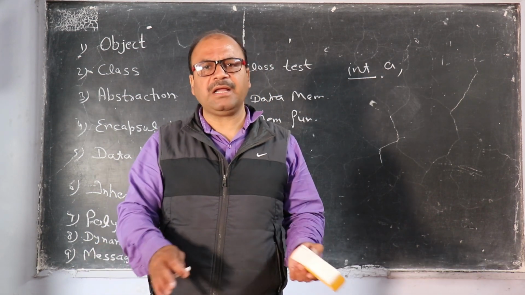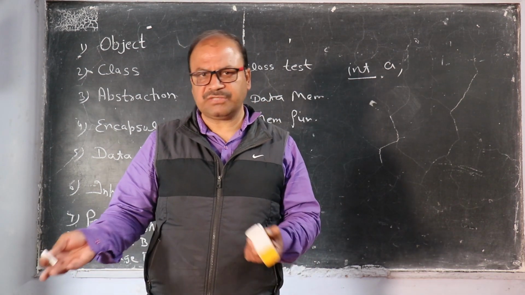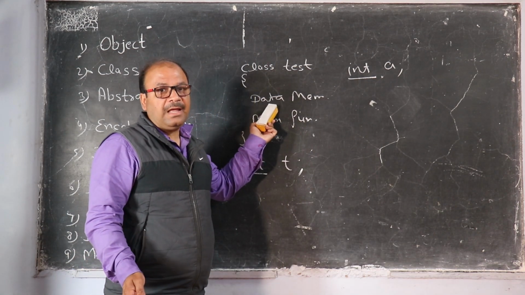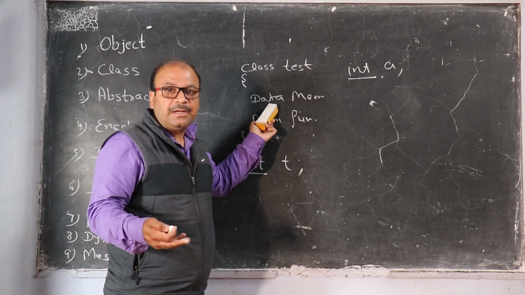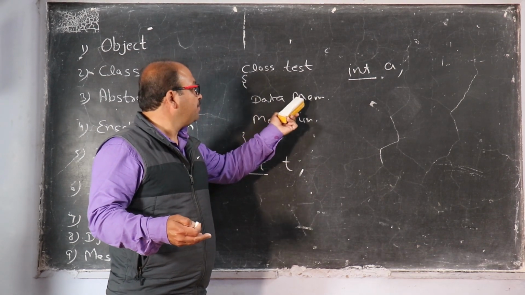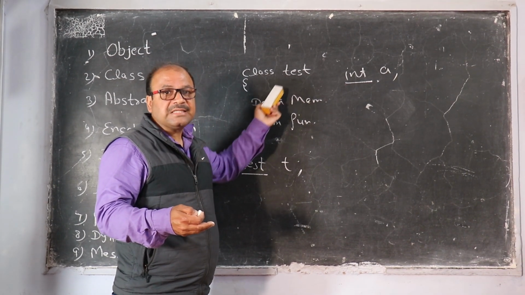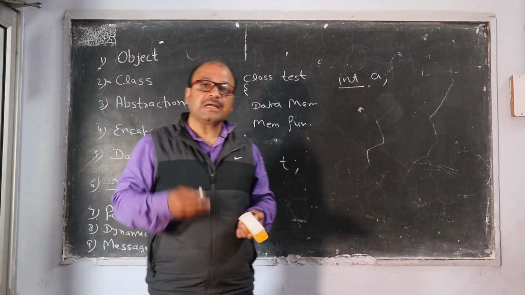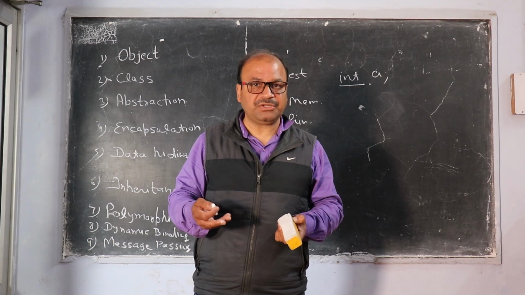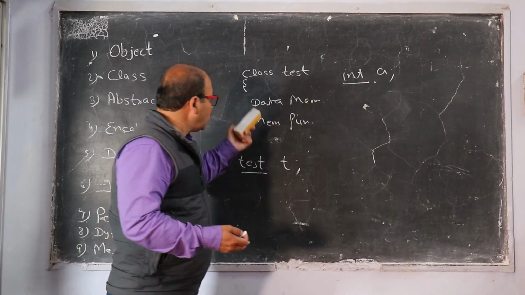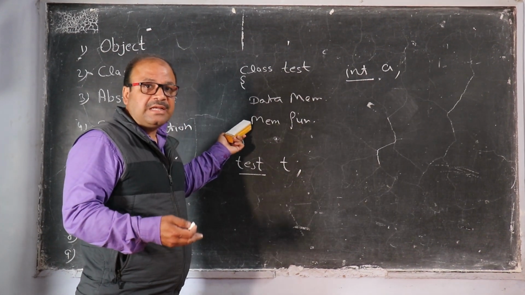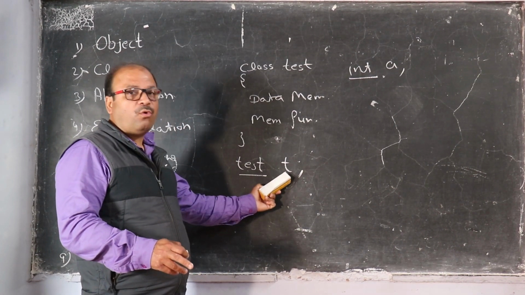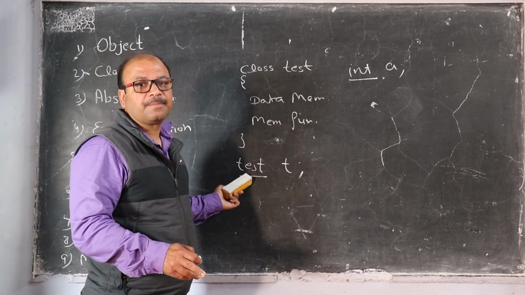The variable of the class is called a data member, and the functions inside the class are called member functions. So all the data members and member functions are available only through the object of that class.